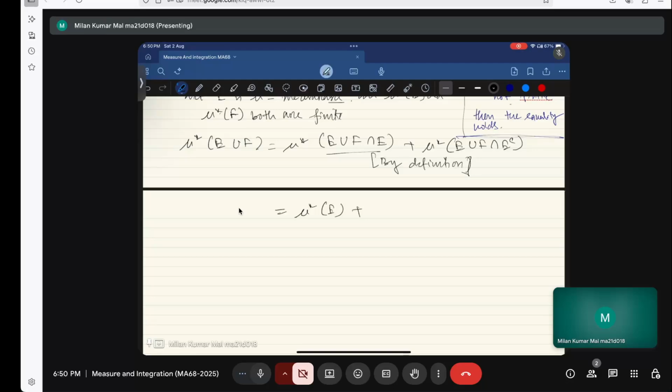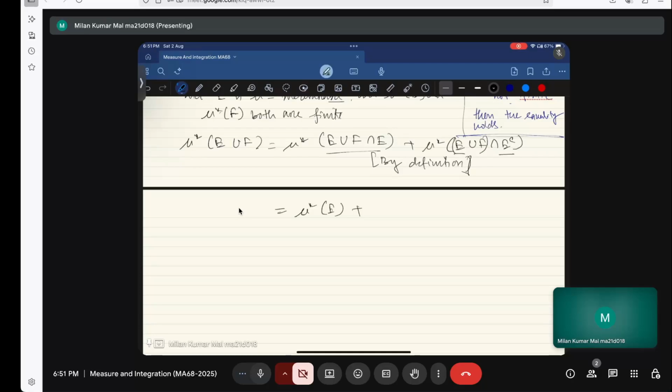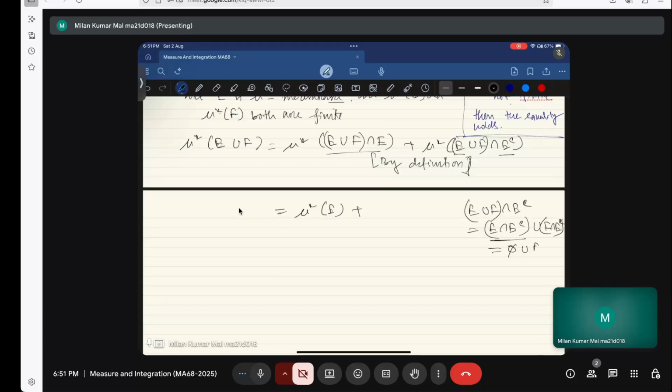One can write, here you need to give this bracket, E union F intersection E complement. This means E intersection E complement union F intersection E complement. But this is equal to the empty set union F intersection E complement. So basically we'll get F intersection E complement. So that means we'll get mu star of F intersection E complement. This is the first thing we got here.